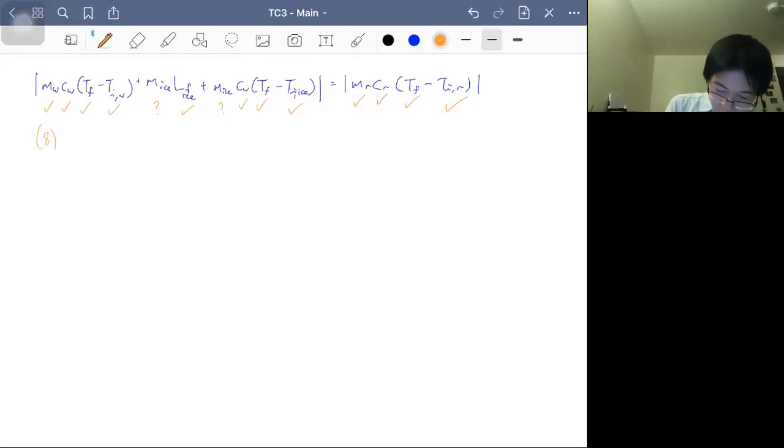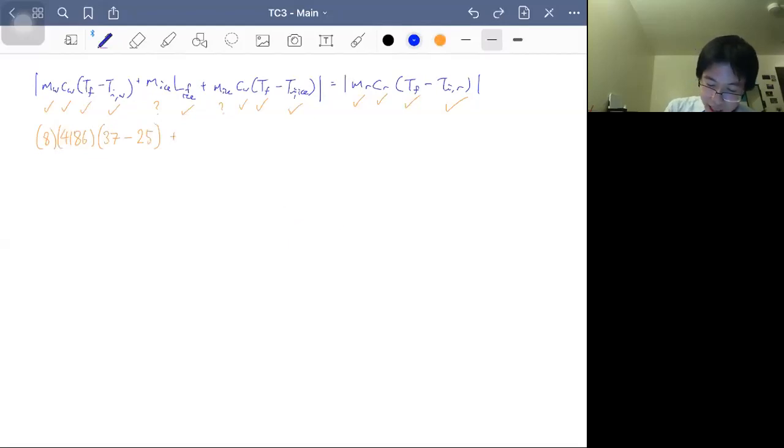8, 4186, was it? Yes, 4186. Final of the water was 37, body temperature, minus initial, that's 25, plus, all right. When you have absolute value signs like this, you can distribute them into each term because each is always positive.